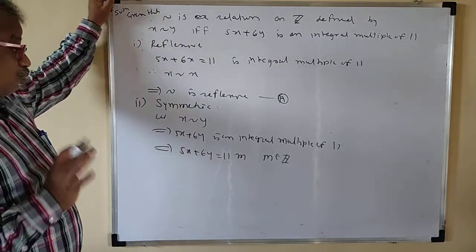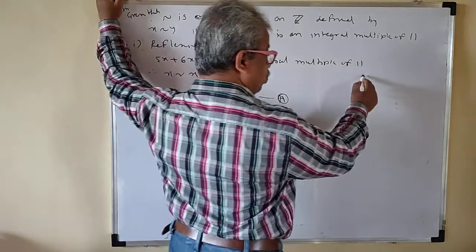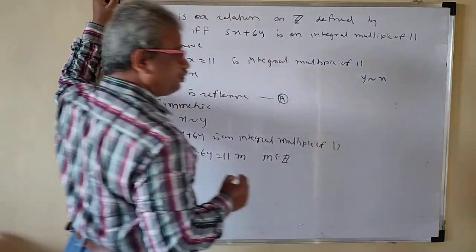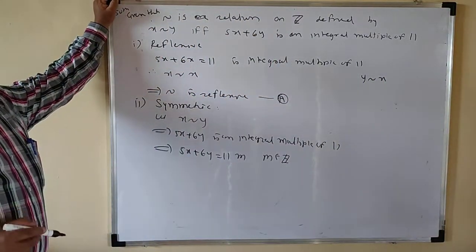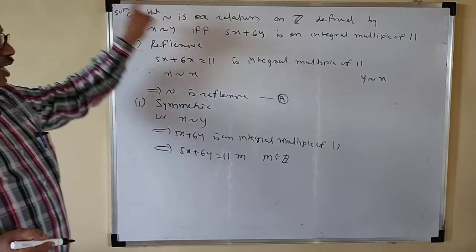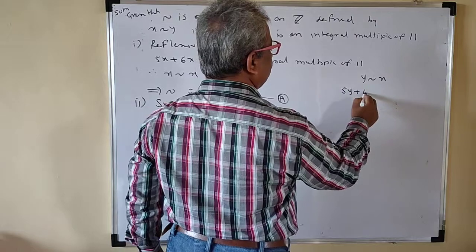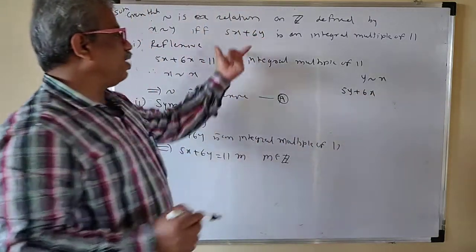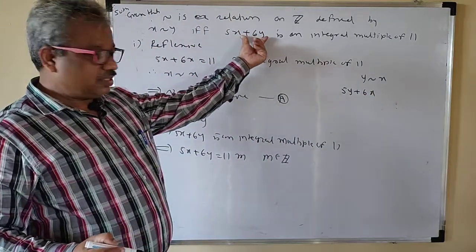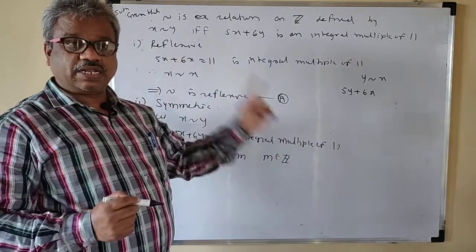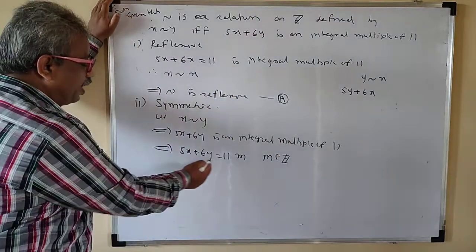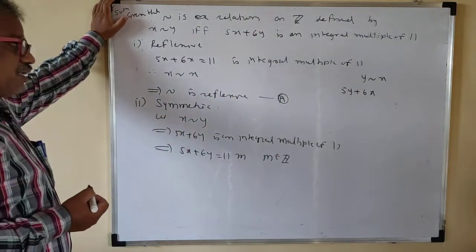Now we want to prove that y is related to x. That means you have to interchange the places, so you have to prove 5y plus 6x is an integral multiple of 11.